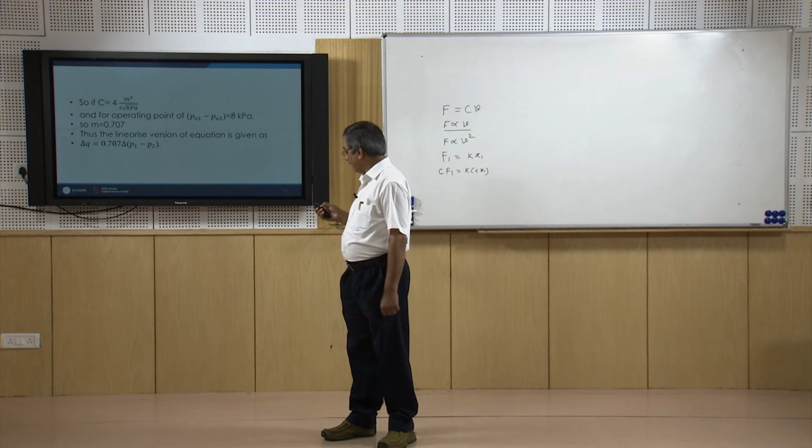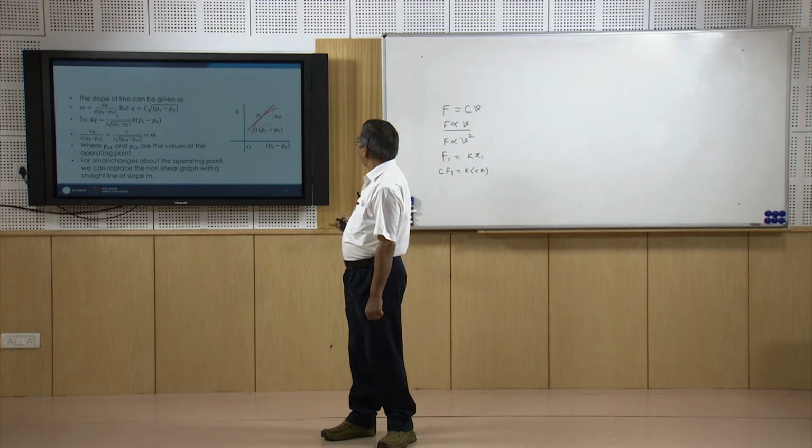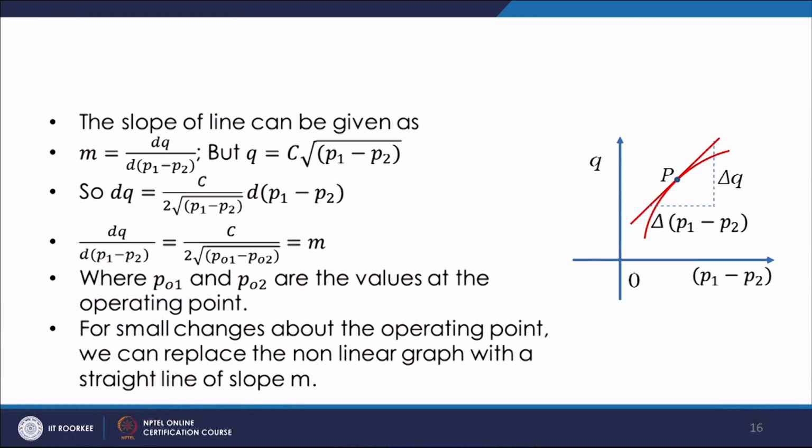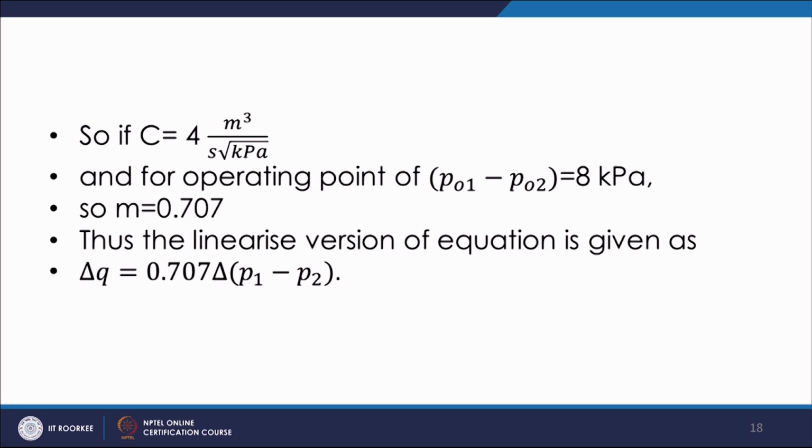What I actually do is, for a given P1 minus P2 here, I find out what is Q, and from there I can get the value of C. So, if my C is, say, 4 meter cube per second per under root kilopascal, and the corresponding pressure drop value is, say, 8 kilopascal, and if I substitute this, I get the value of m as this one, and I can substitute this value of m here, and this is what I get as my linearized equation.